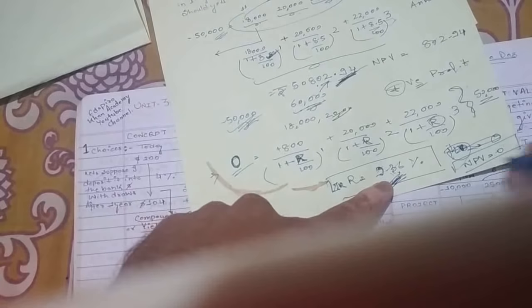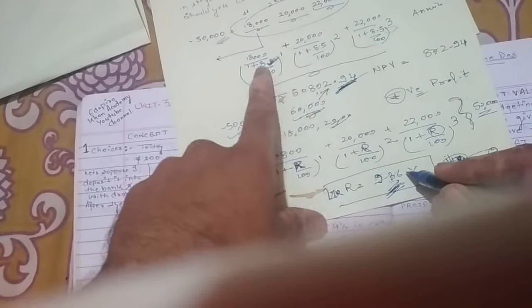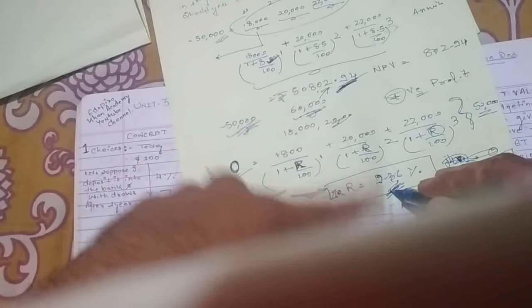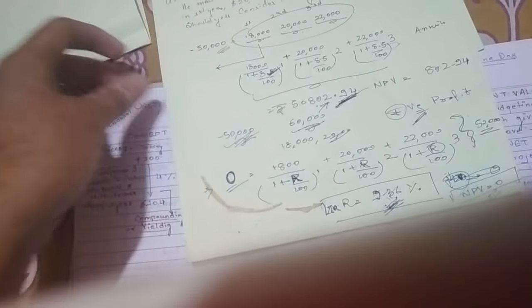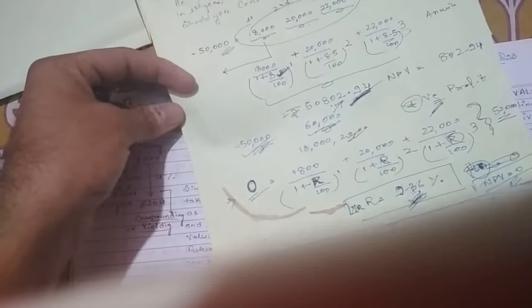So at R of 9.36, net present value is 0, and when R is less than the IRR, that is 8.5 is less than 9.36, you are getting a positive net present value. So here the very beautiful conclusion is that if the rate of interest is less than the IRR value, then you should select the project.